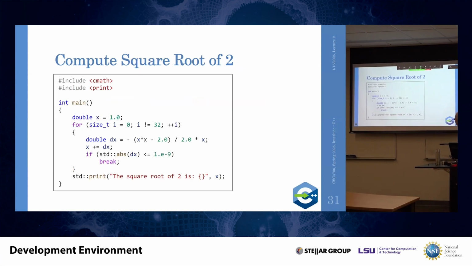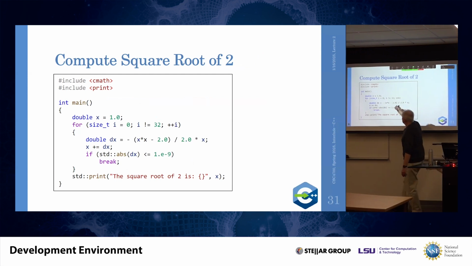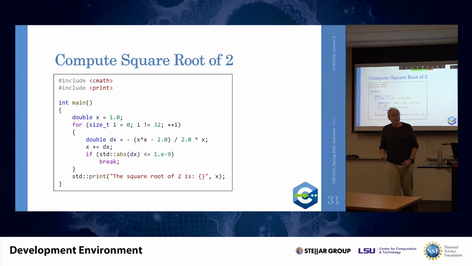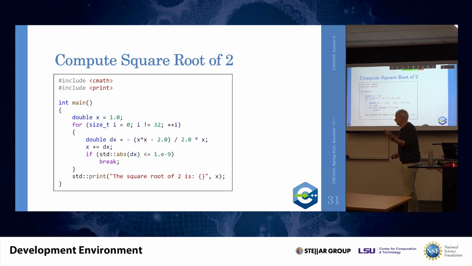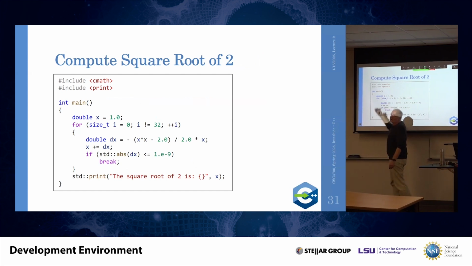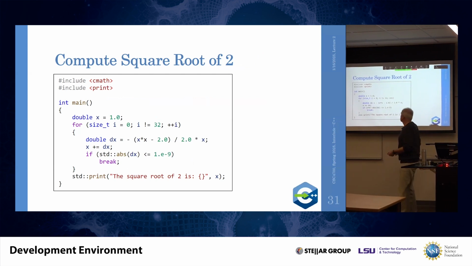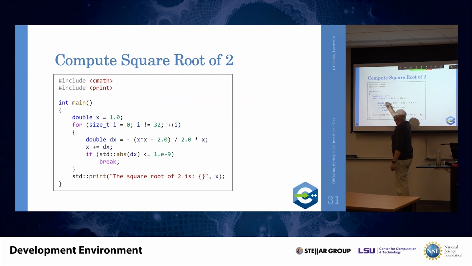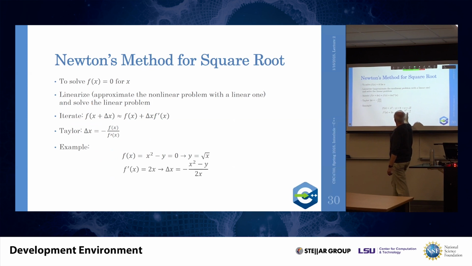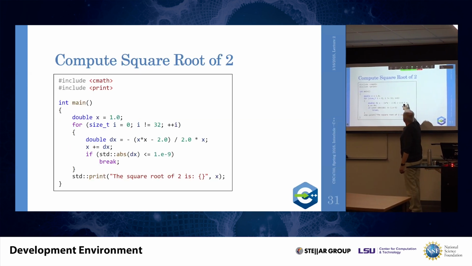So if you look at some code which is doing that, essentially it's a for loop. In this case, I'm just doing 32 iterations because I want to limit the number of iterations somehow. I start with an arbitrary initial value 1. It's my guess. I guess my square root is actually equal to 1. And I calculate the delta x based on that formula I just had here, right? x squared minus y over 2x.